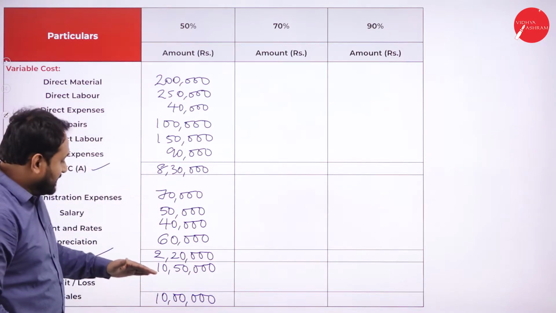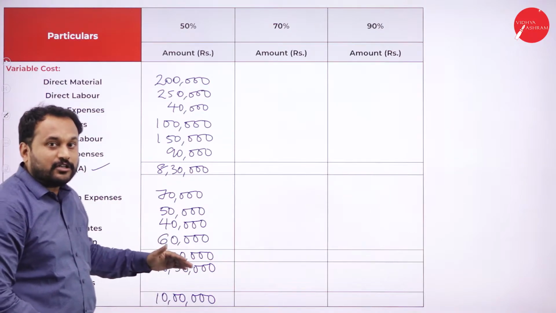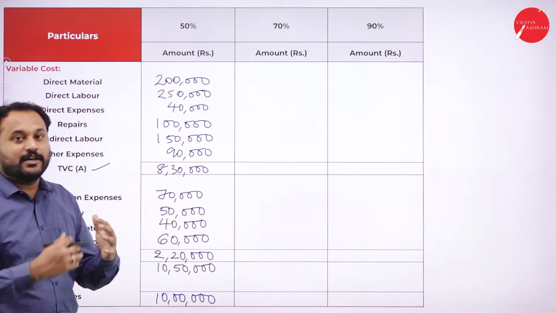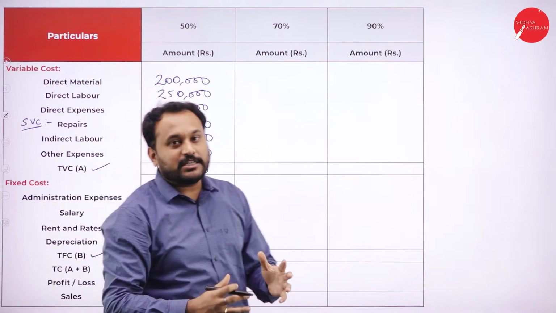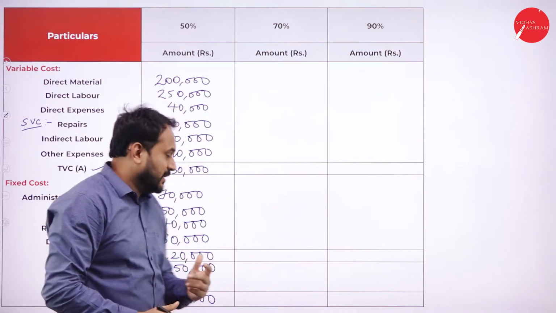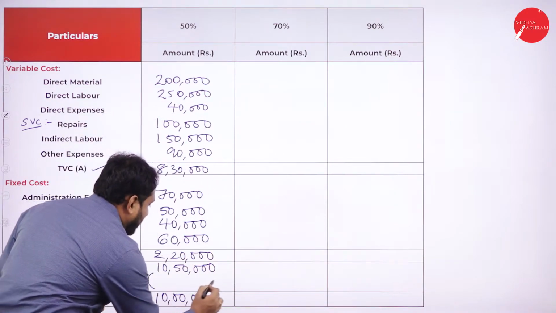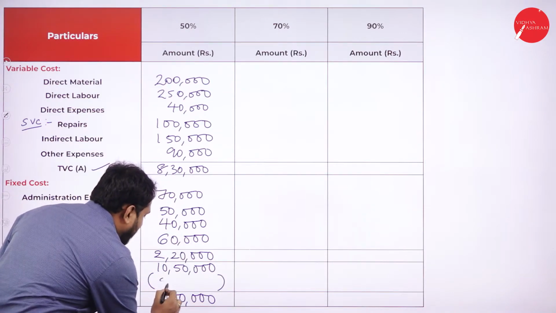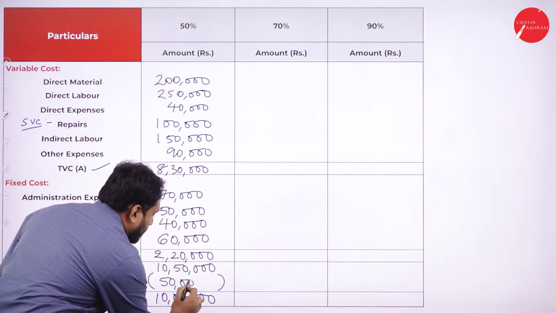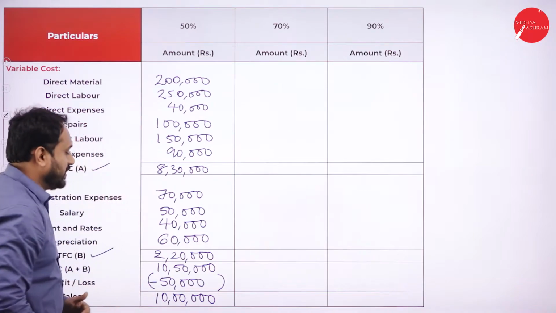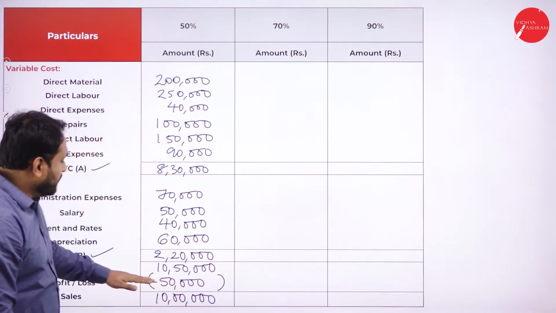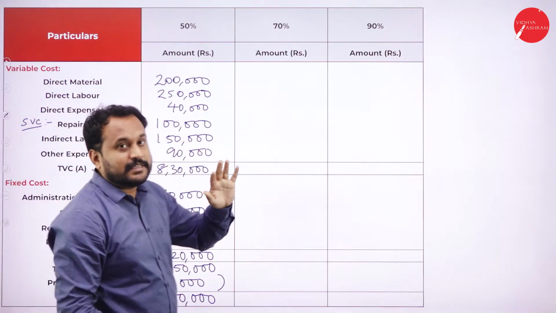Now we know that sales is lesser and total cost is more. That means it is a loss. How much loss? 50,000 rupees is the loss. We will write that in brackets, 50,000. You can write minus 50,000, no issues. This is our loss for 50% capacity.